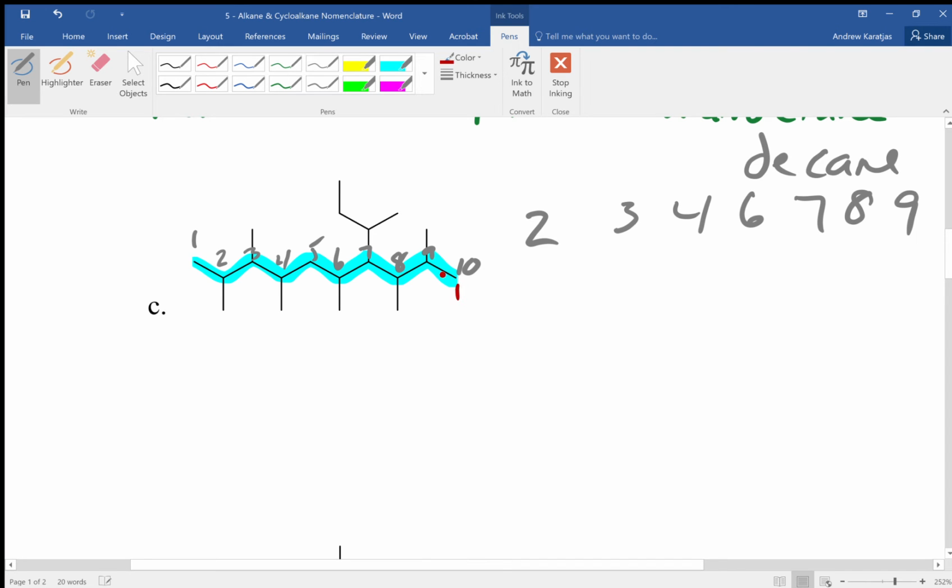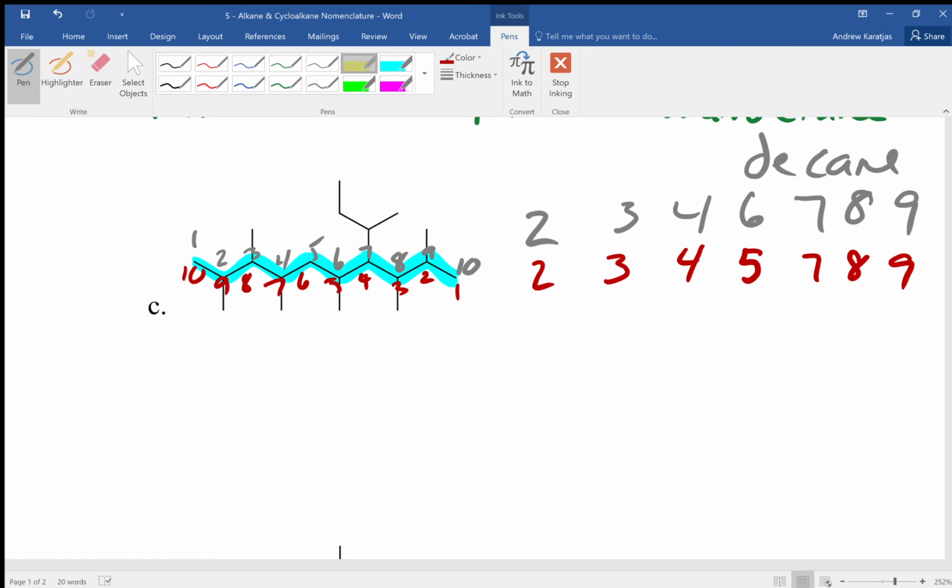We'll go red for the other direction. And our numbers here are 2, 3, 4, 5, 7, 8, 9. So we can see our first substituent, either direction, same number.